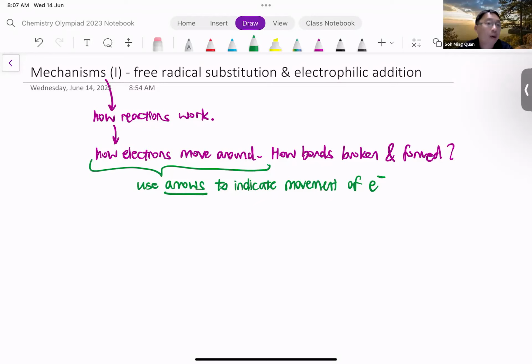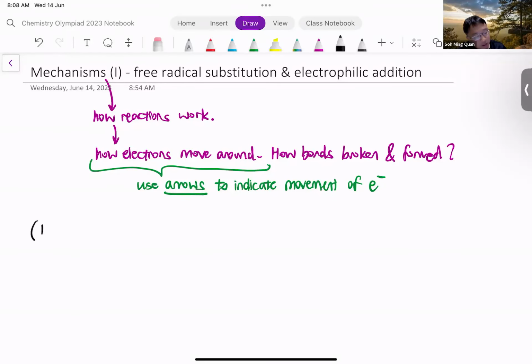I will explain more using the examples of free radical substitution and electrophilic addition later on. But the idea is today you'll be drawing loads of arrows. This is why the reaction mechanism in organic chemistry is also called the curly arrow mechanism, because we are using arrows to indicate movement of electrons.